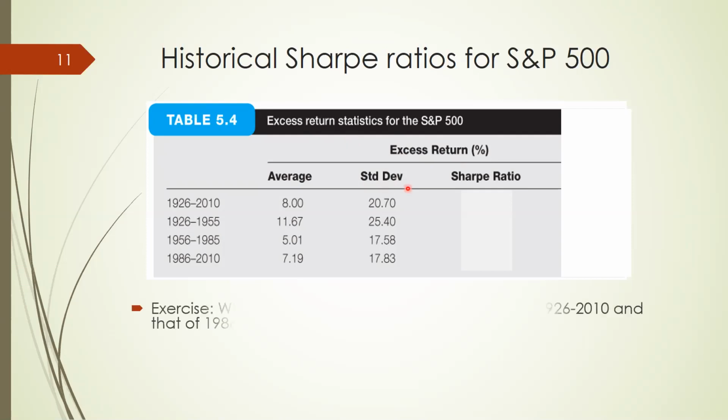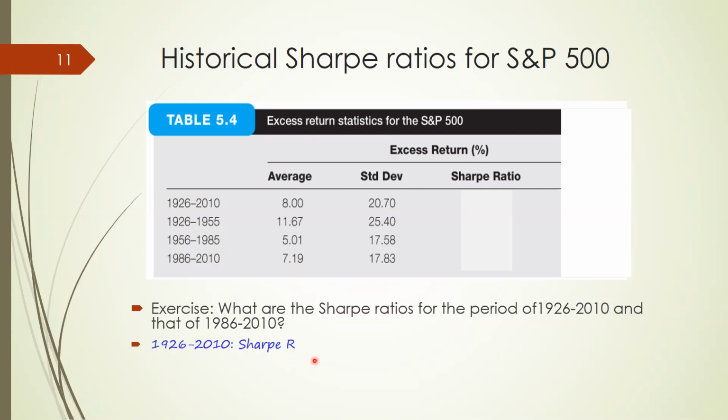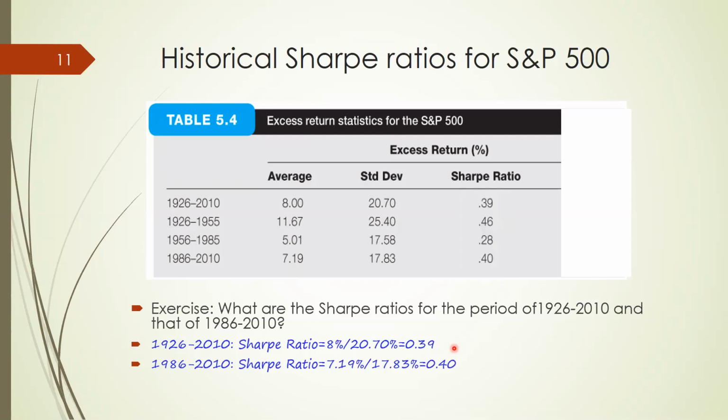So the Sharpe ratio can be calculated by using the average excess return divided by the standard deviation, which will be, for the first time period, 8% divided by 20.70%, and you have a Sharpe ratio of 0.39. Similarly, you can do the calculation for 1986 to 2010, which yields a Sharpe ratio of 0.40.